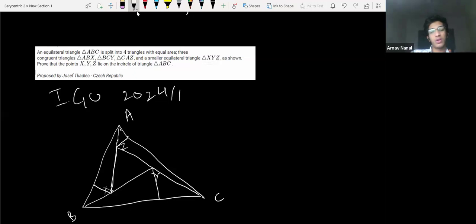So you should require equilateral for the symmetry thing. Okay, so for right now, we'll just assume. Yeah, go on.